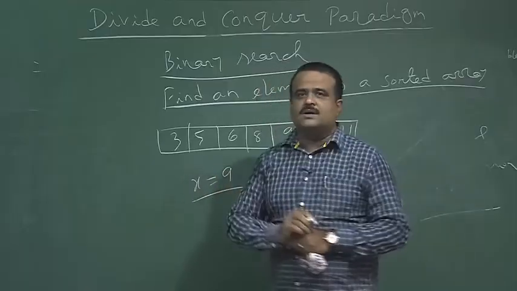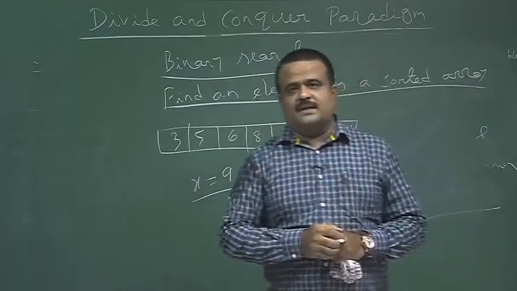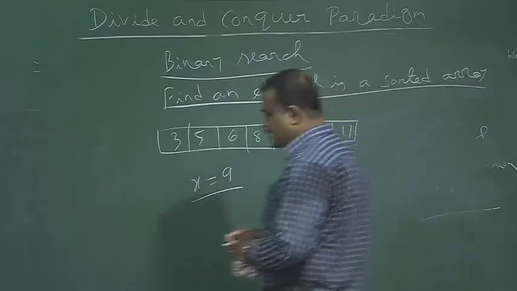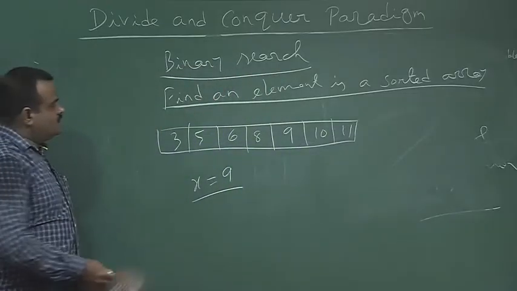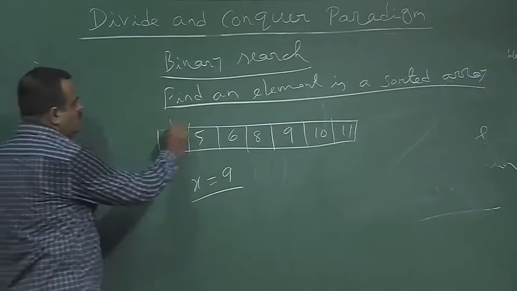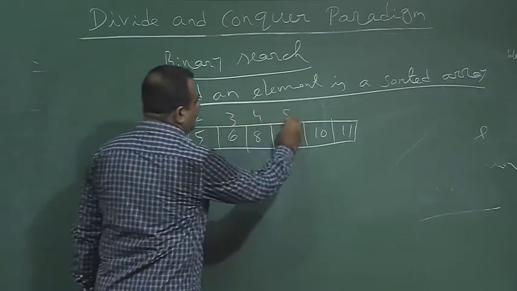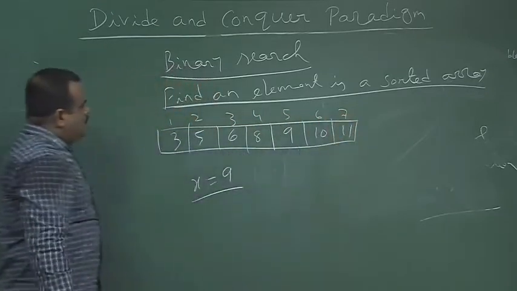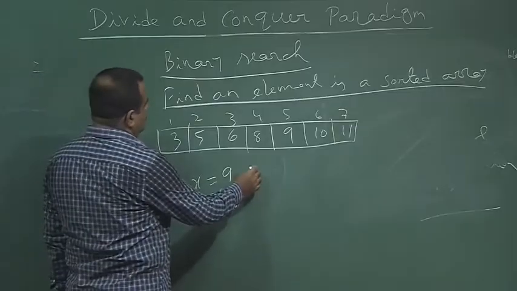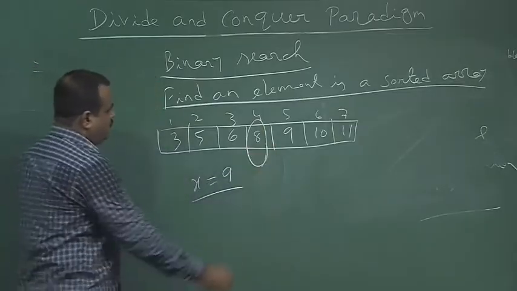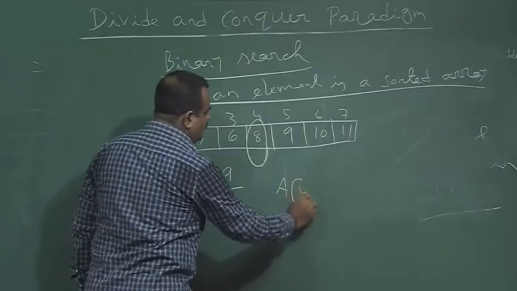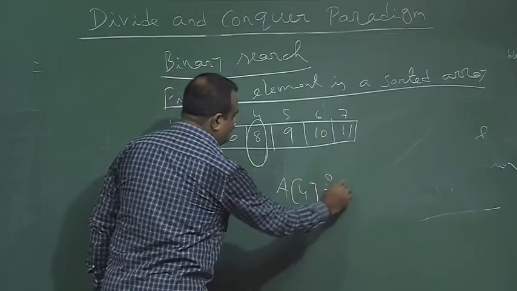We first check the middle. This is 1, 2, 3, 4, 5, 6, 7. So, the middle is this one, A4. We check whether A4 matches x or not.